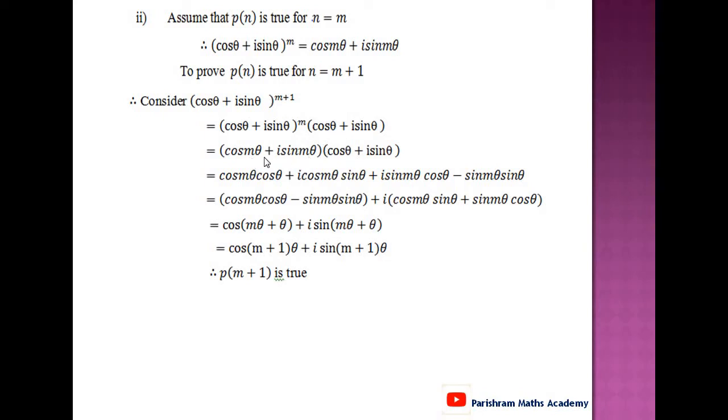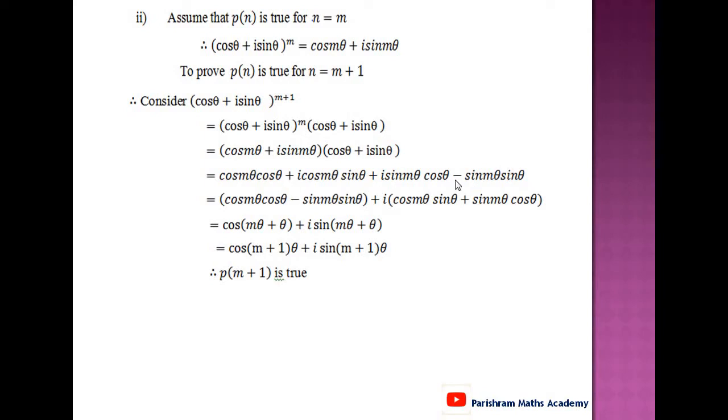Taking the usual product, it equals cos of m theta into cos theta, plus i cos of m theta into sin theta, plus i sin of m theta into cos theta, plus i sin m theta into i sin theta, which is nothing but i squared. The value of i squared is minus 1, therefore minus sin of m theta into sin theta.